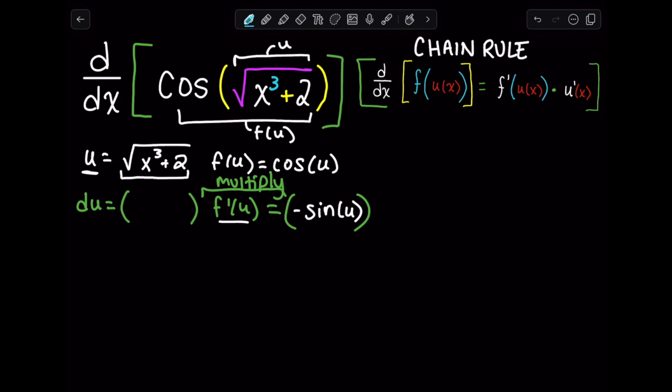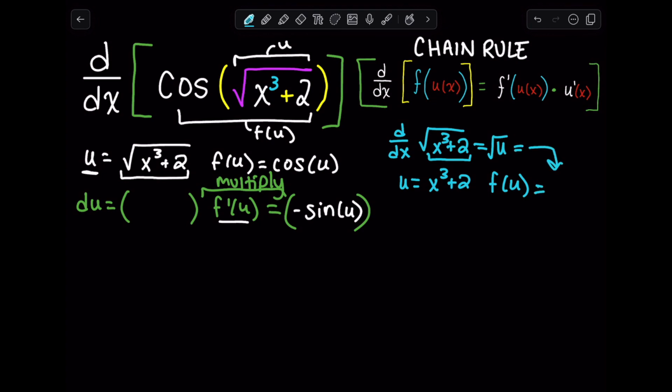So we actually have to apply the chain rule separately to take the derivative of the root of x cubed plus 2. You'll notice that the inside of this function is u equals x cubed plus 2, and the outside of the function is u under a square root, but in other words we can write that as u to the power of 1/2 to make it easier for us to apply the power rule and derive it later.